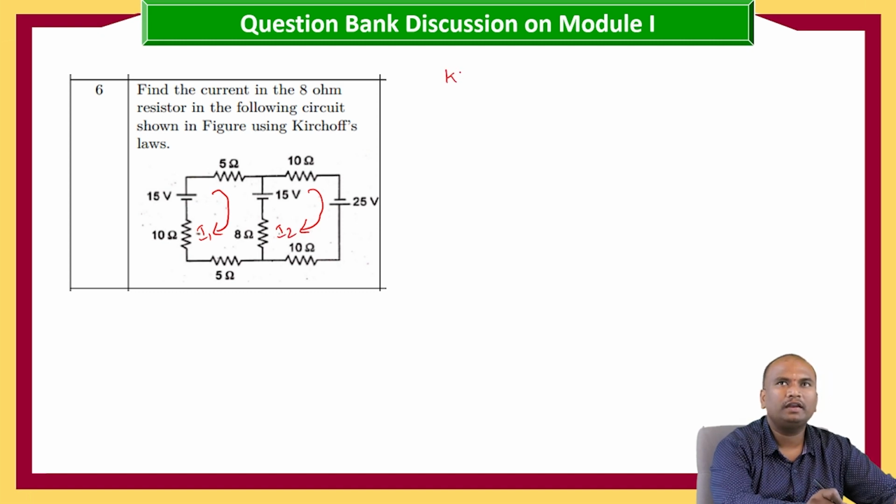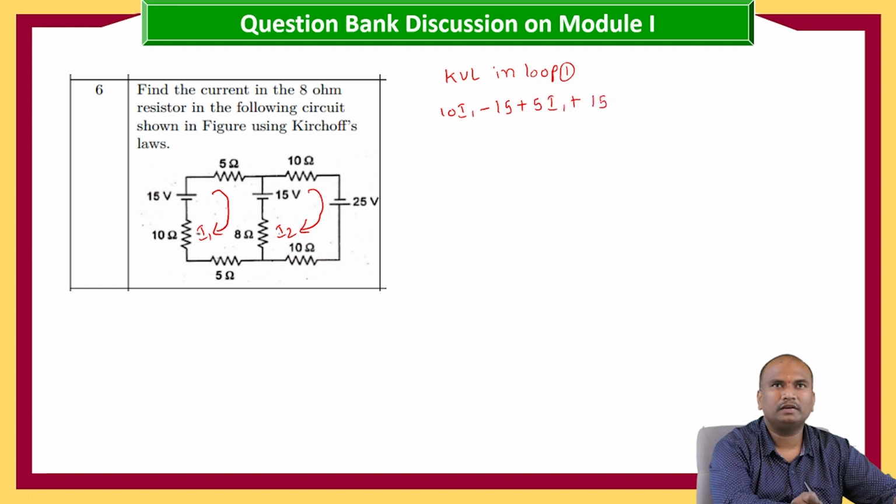So KVL in loop 1, that is 10 into I1 minus 15 plus 5 into I1 plus 15 plus 8 into (I1 minus I2) plus 5 into I1, which is equal to 0.